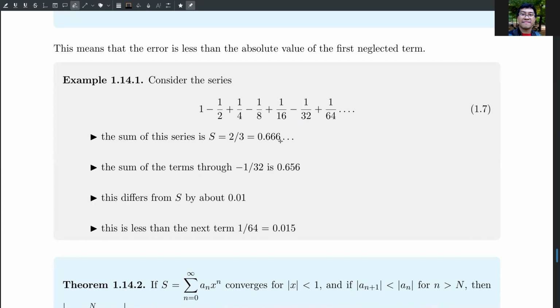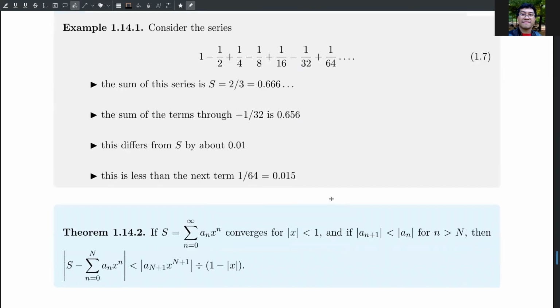Subtracted from 0.666, we get 0.01. If we solve for 1 over 64, that is 0.015. So our error, in this case 0.01, is always less than the absolute value of the next term, which is, in this case, 0.015.